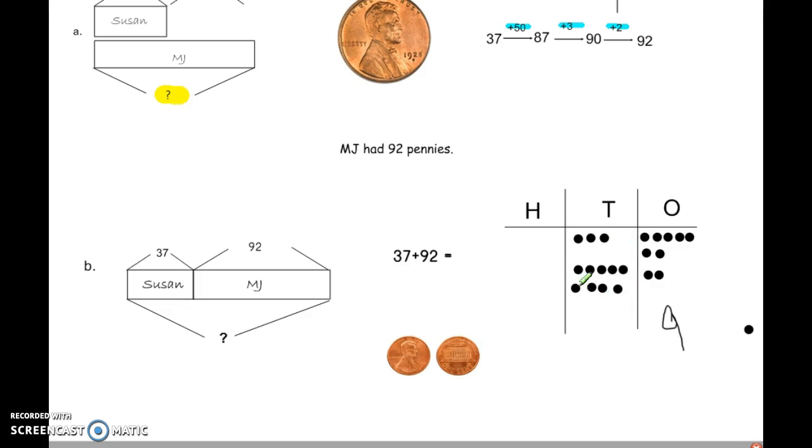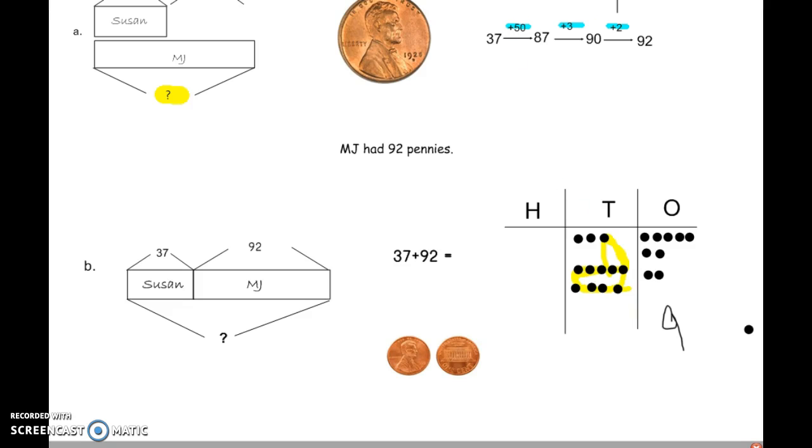I know just by looking that in 92 I already have 9 tens. So all I have to do is to add one more. So there's 4, 5, and one more. That's going to give me 10.